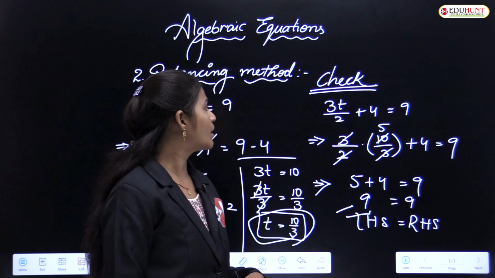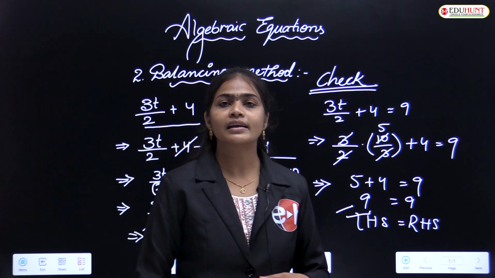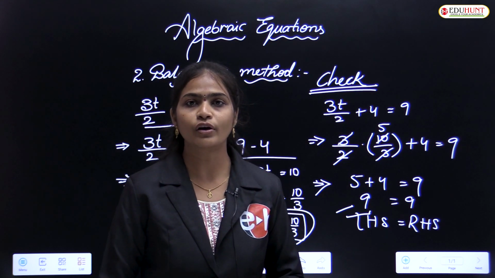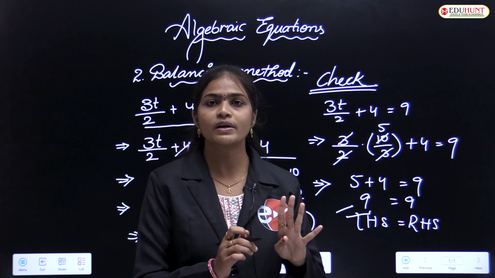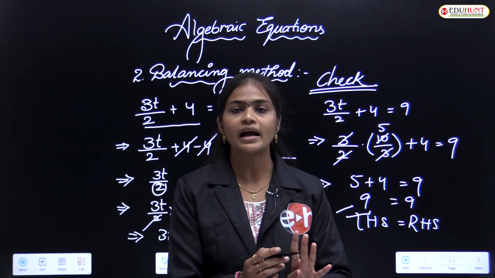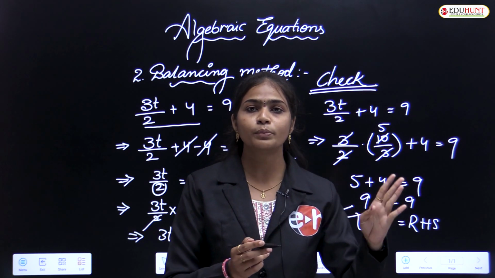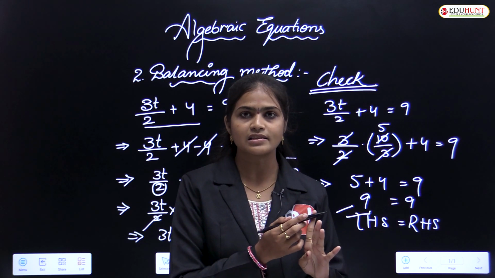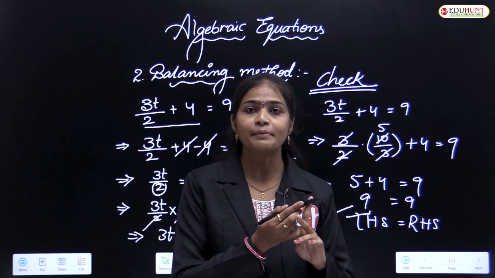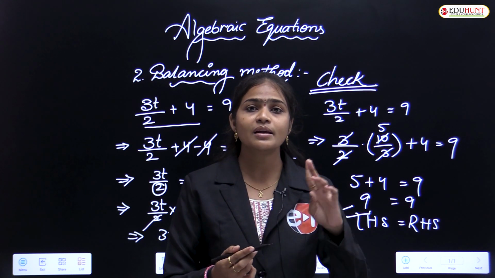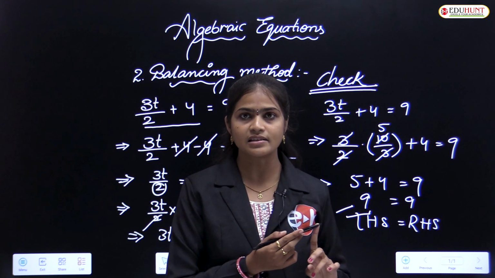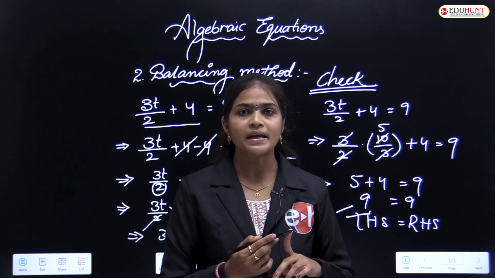Okay, so what about the balancing method? In the balancing method we have to follow 4 steps. The first one is, if you add any number to the LHS, the same number should be added to the RHS also. Next is subtraction.